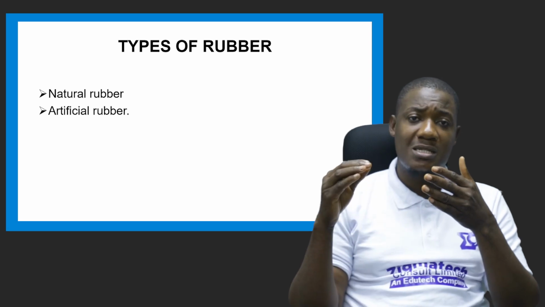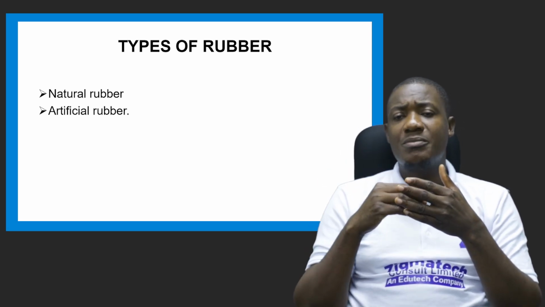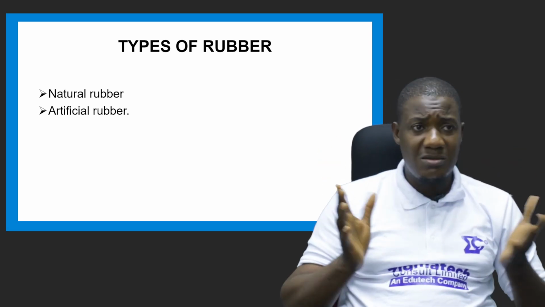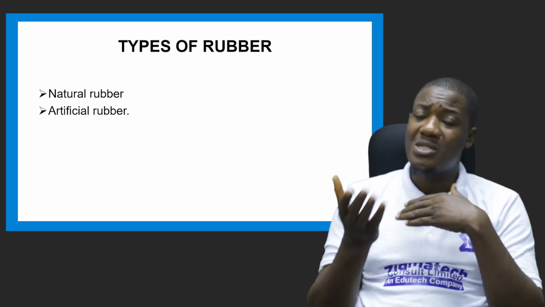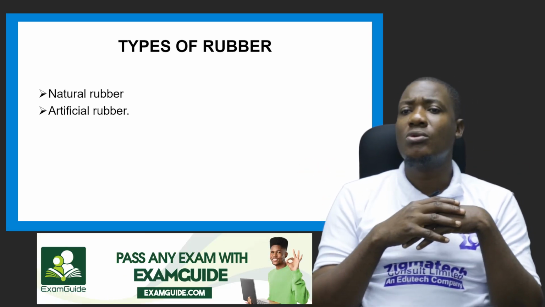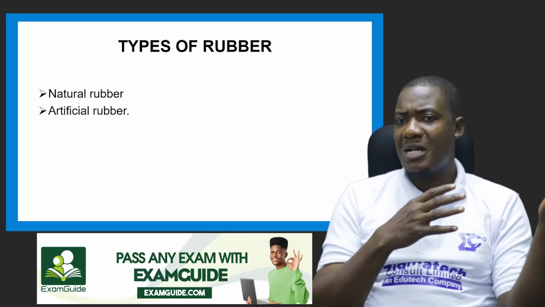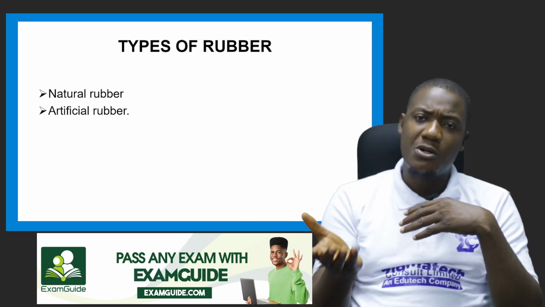We'll call it latex. All right? That latex from the rubber tree can be processed to form so many things that we have today. So rubber from such means is called natural rubber.